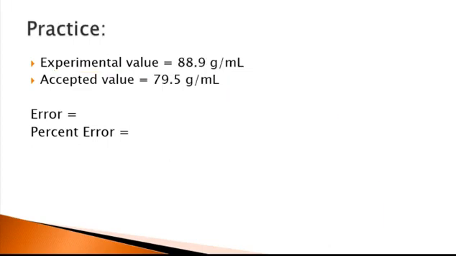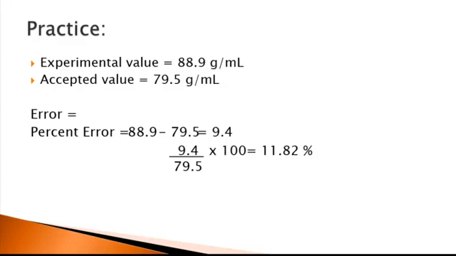All right, so figure out the percent error. Pause the video and solve this problem. Okay, so actual minus experimental, and that is 9.4, divided by accepted again, and you're going to times it by 100 to get it to be a percent.